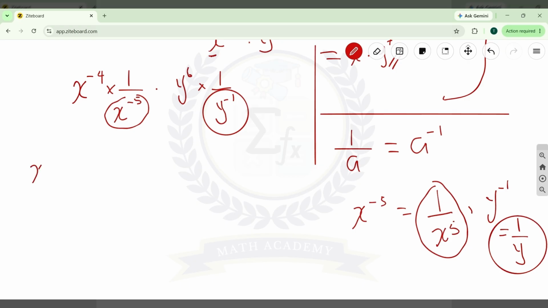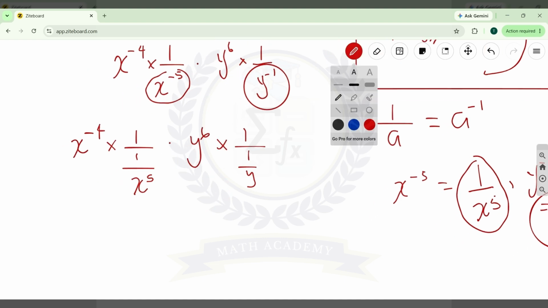So this simply means x to the power of -4 multiplied by 1 divided by, what's x to the power of -5? That simply means 1 divided by x to the power of 5, y to the power of 6 multiplied by 1 divided by, what's y to the power of -1? 1 divided by y.